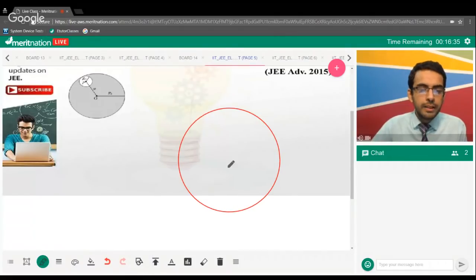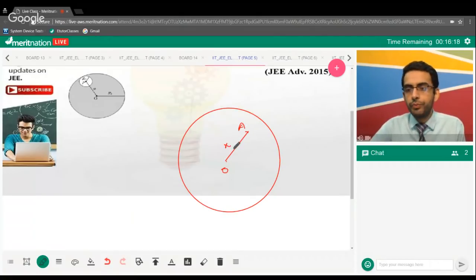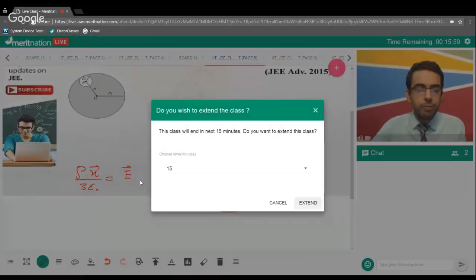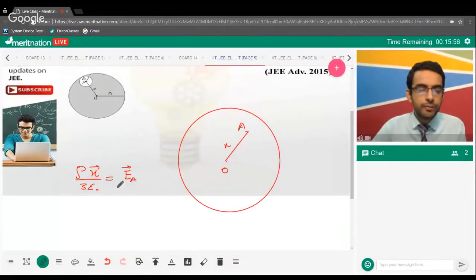Let's take O to be the center of it, and let's take a point A at distance x from point O. In this case, the electric field at point A will be equal to rho x vector upon 3 epsilon naught. This I have told you earlier.